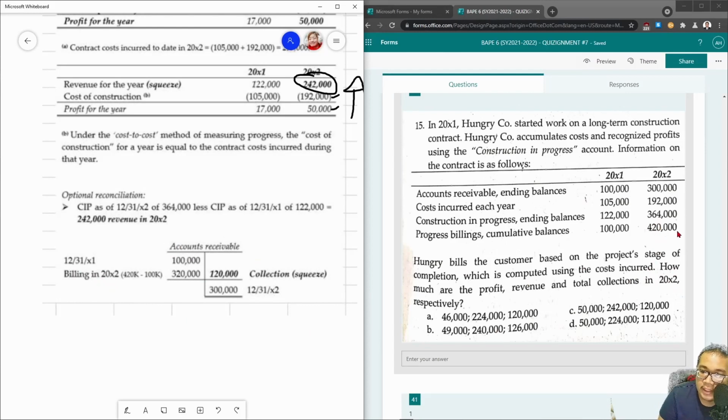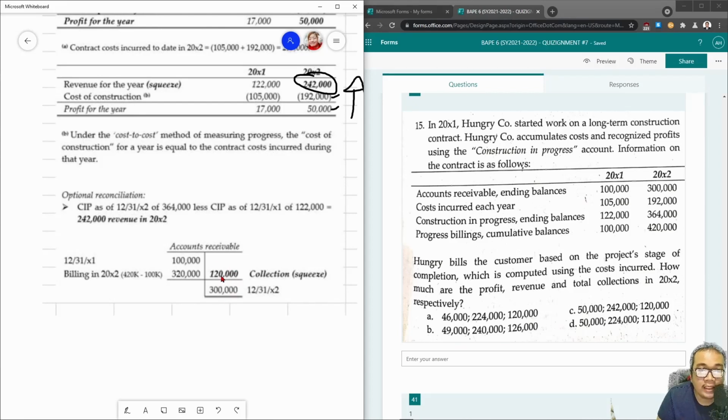Take note, yung cumulative balance ng progress billings, alam mong cumulative yan, pero ang hinahanap lang natin is for 20x2, tanggalin mo yung previous year, which is 100,000. Kaya dito, 320 na lang. So, meron ka ng beginning accounts receivable, nag-bill ka ng 320 for 20x2, so, nag-increase yung accounts receivable mo, tapos yung ending balance mo is 300 na lang. So, ano nangyari doon sa difference na yan? Yung difference na yan, in the amount of 120, yan yung naging collections.